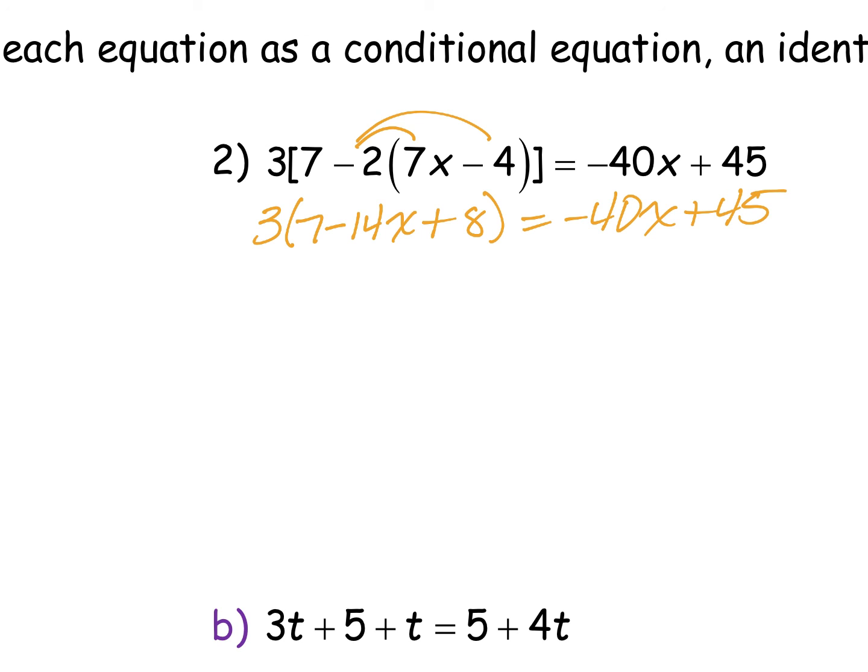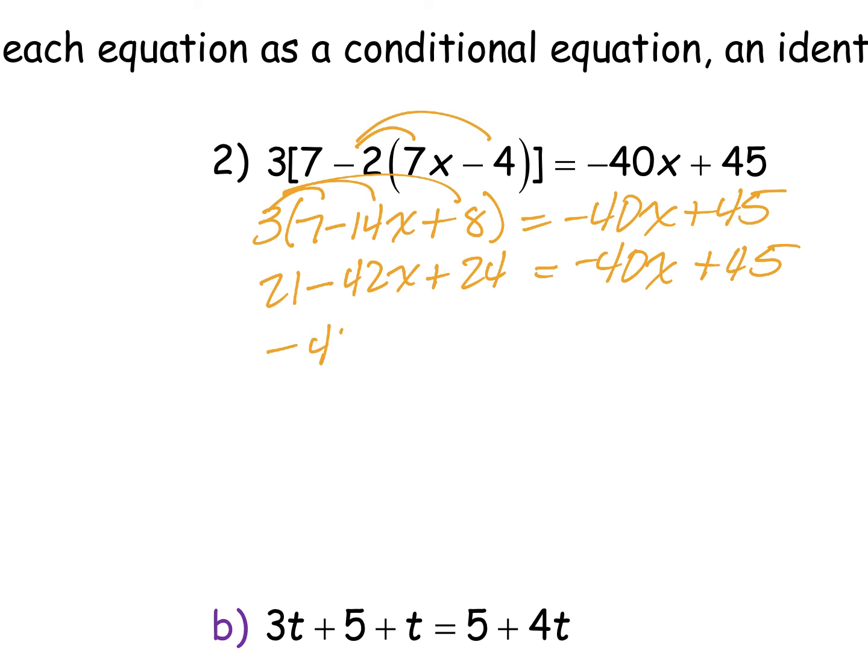Beautiful. Now I'm going to distribute the 3, right? Okay, so I've got 21 minus 42x plus 24 equals negative 40x plus 45. So I get negative 42x plus 45 equals negative 40x plus 45.